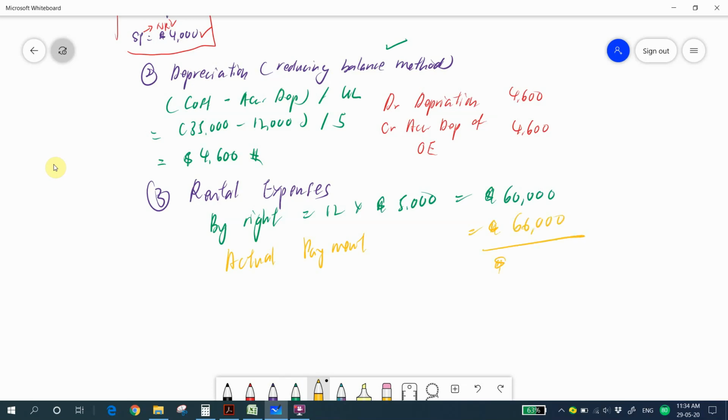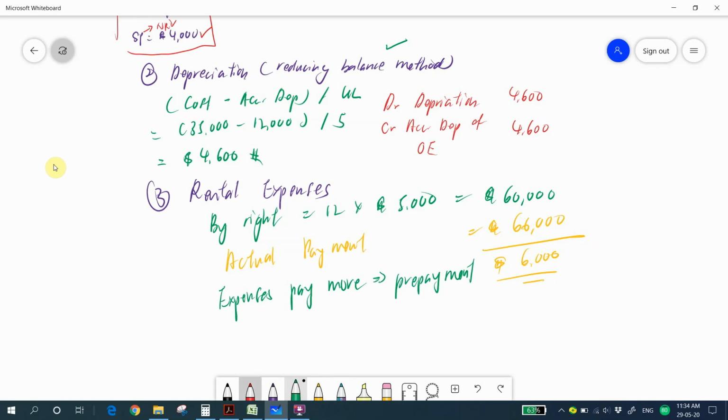So we have a difference of 6,000. Is this 6,000 pay more or pay less? The answer is expenses pay more, because the payment is 66,000, but by right the amount should be 60,000. So this is known as prepayment.